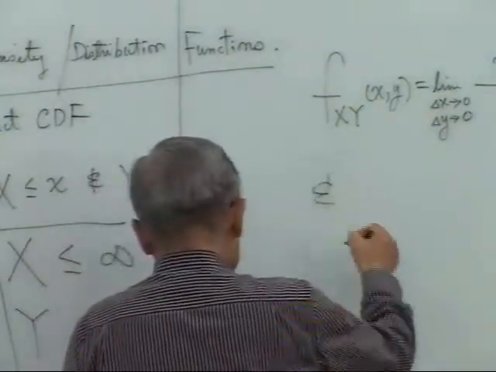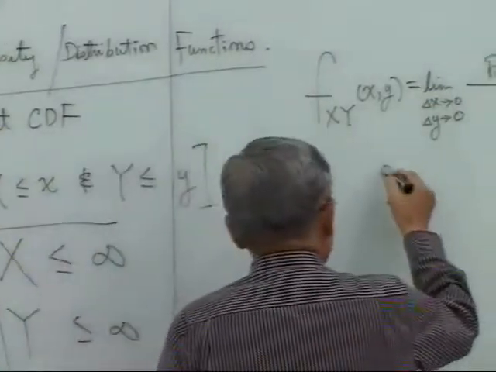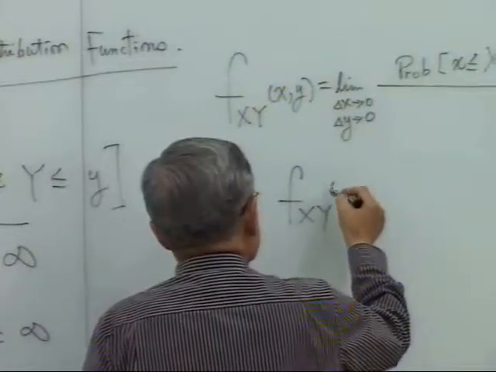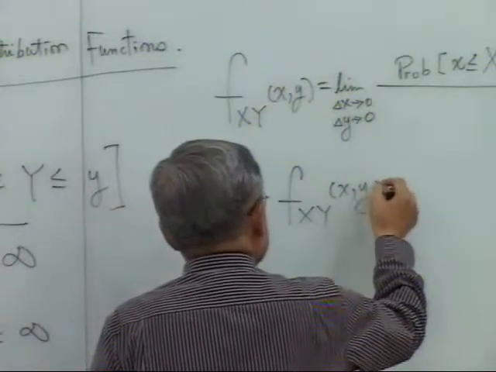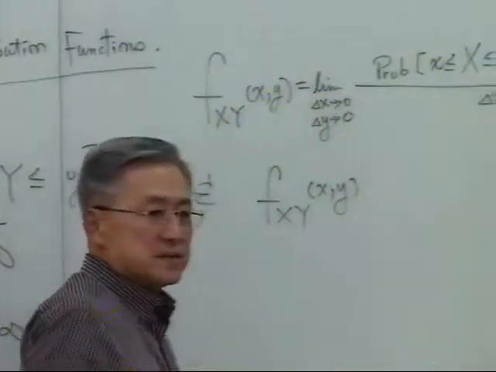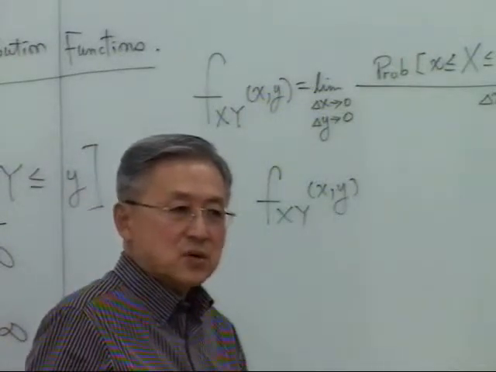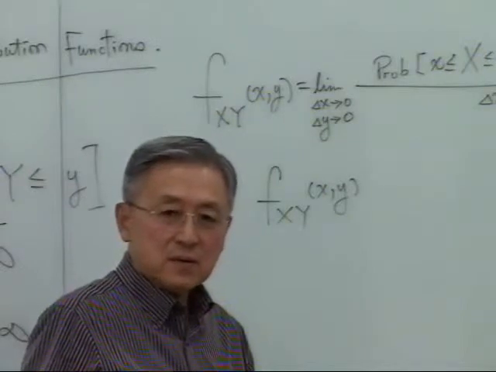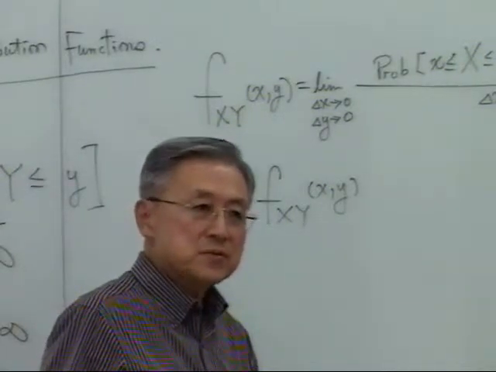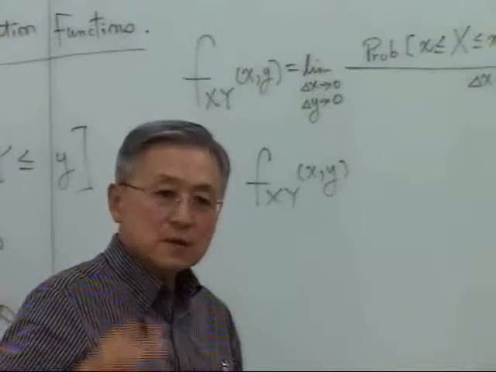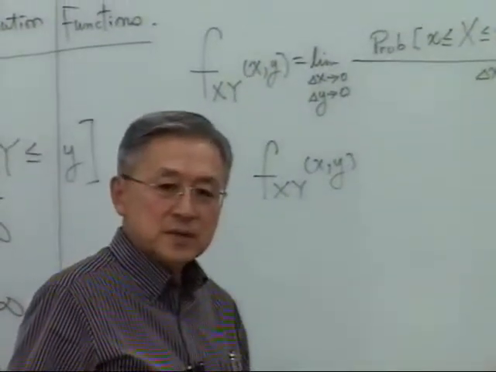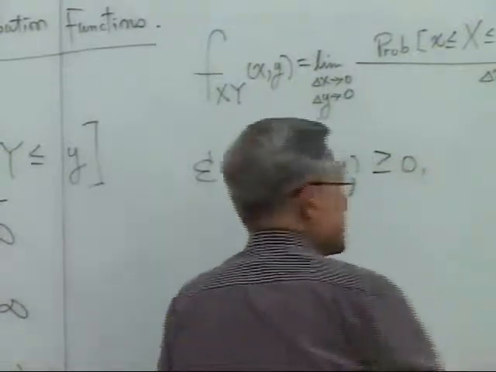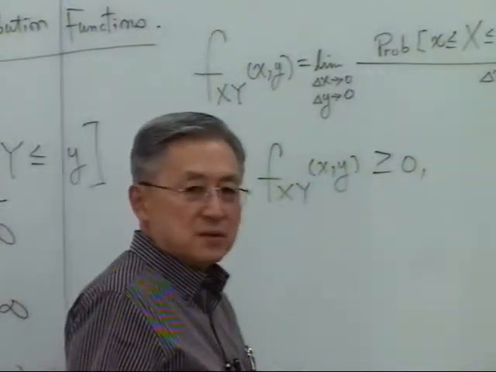Okay, definitions. F XY can be negative? No. The density function, or cumulative distribution functions, are always greater than 0.